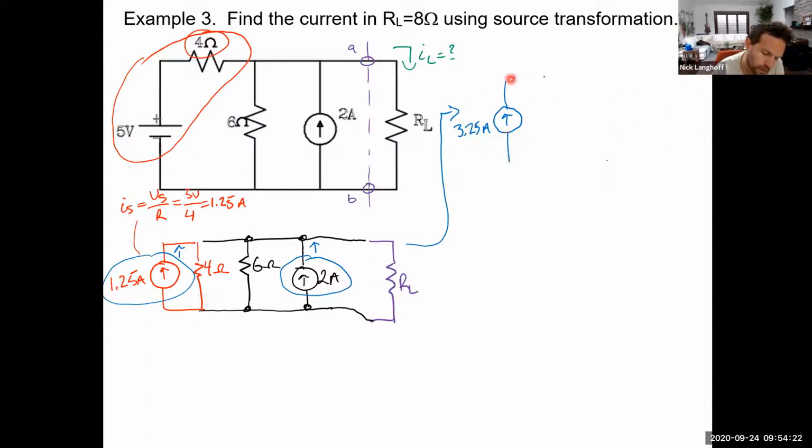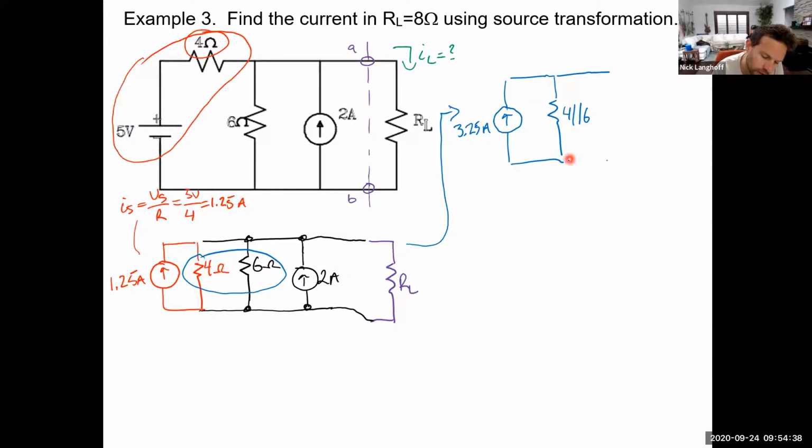And then notice that these two resistors are in parallel, the 4 and the 6. So I'm actually going to put those together. So this is 4 parallel 6. And then we're going to connect that to our load, which we'll continue to draw in purple.